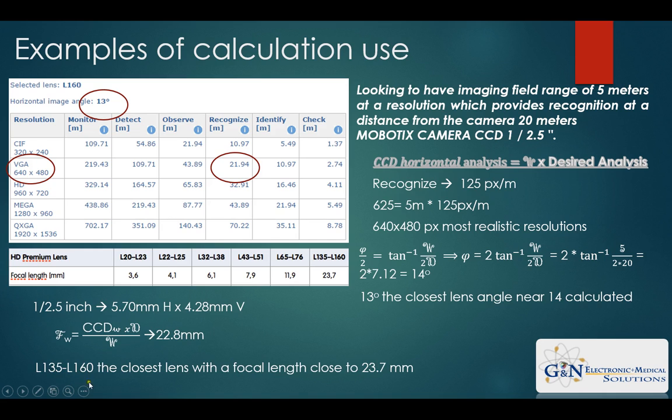And we know that L135 to L160 is the closest to this one, and it's 23.7 millimeters, which actually is this lens. So we did all these mathematical tricks to find out which lens we're going to use from this specific camera. Robotics gives specific models, and if you understand these kinds of things, you can find out which lens you are going to use.